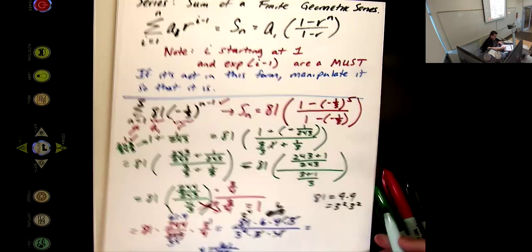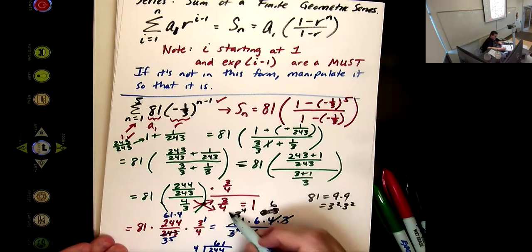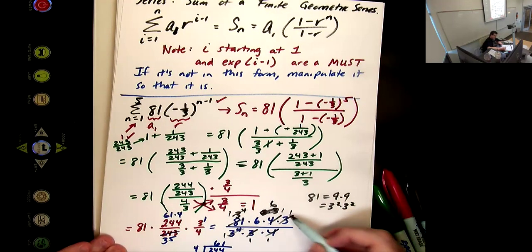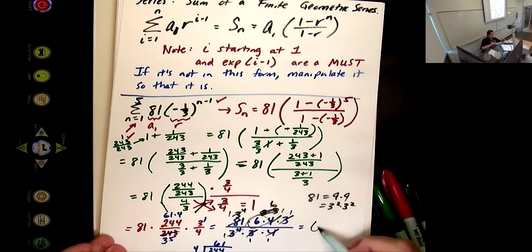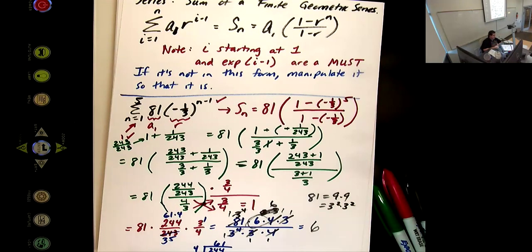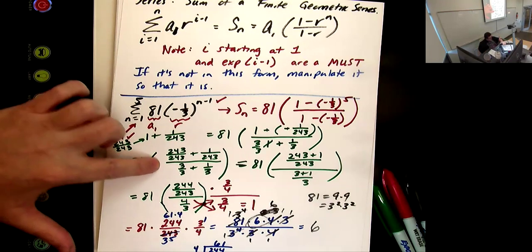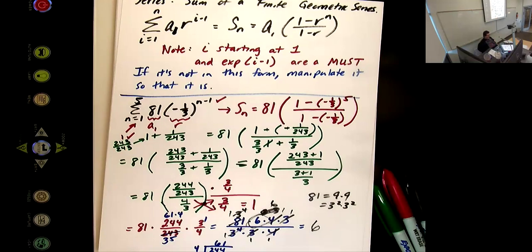So the 81s go away, and when we cancel, we leave behind 1s. All I've got left is 61. And it ends up as 61.